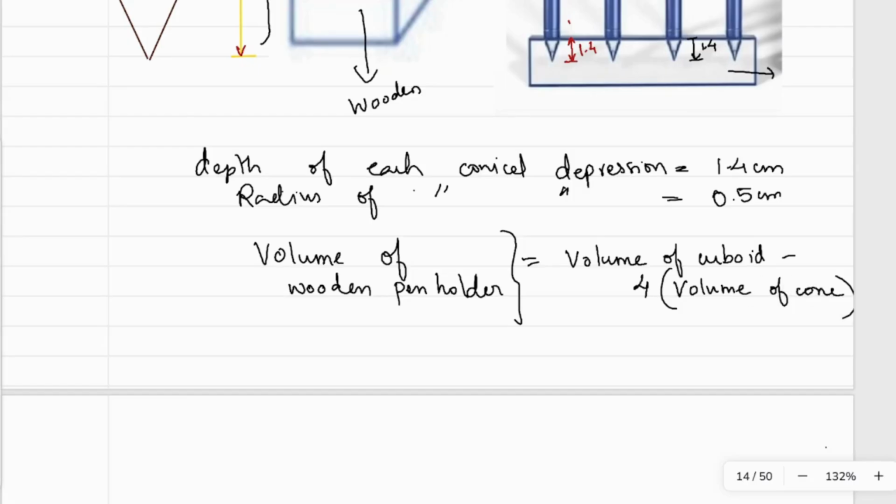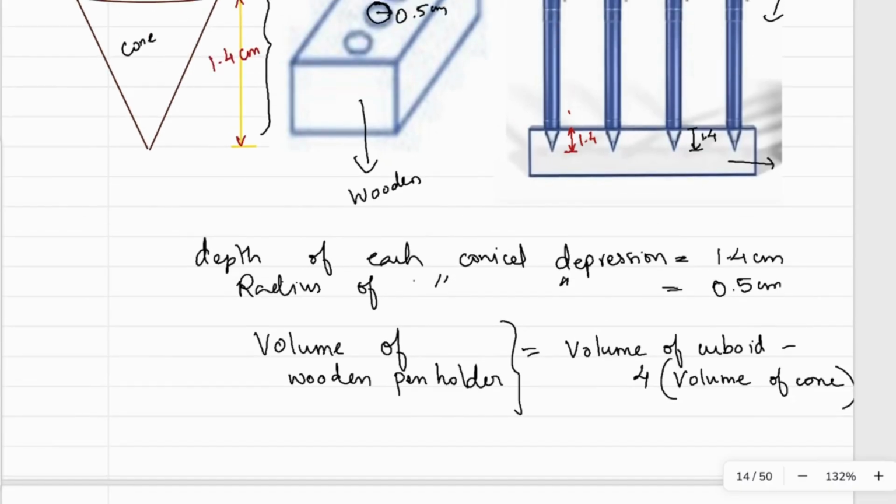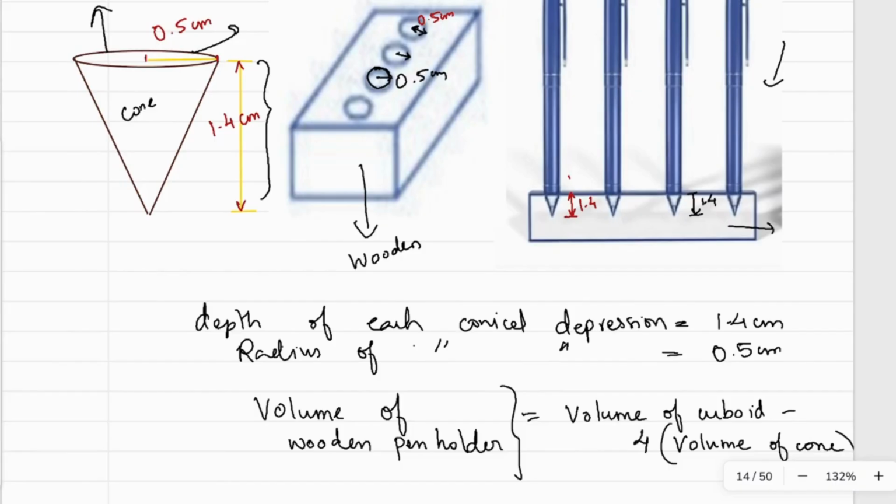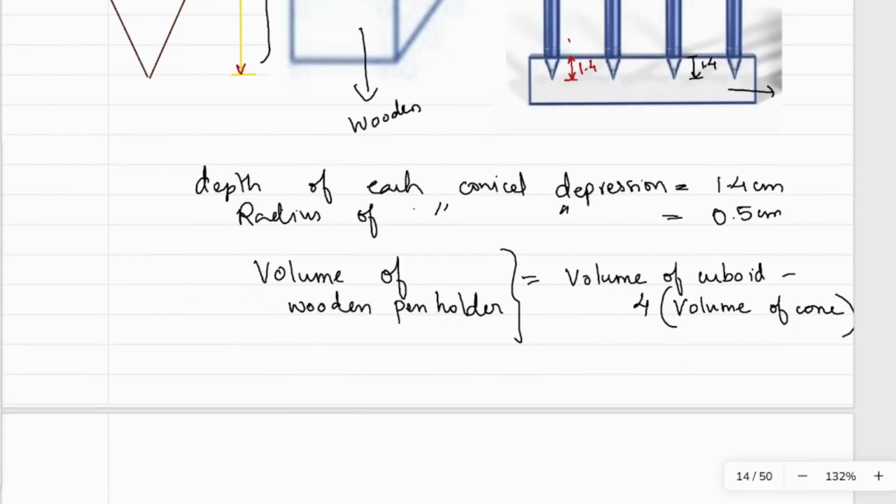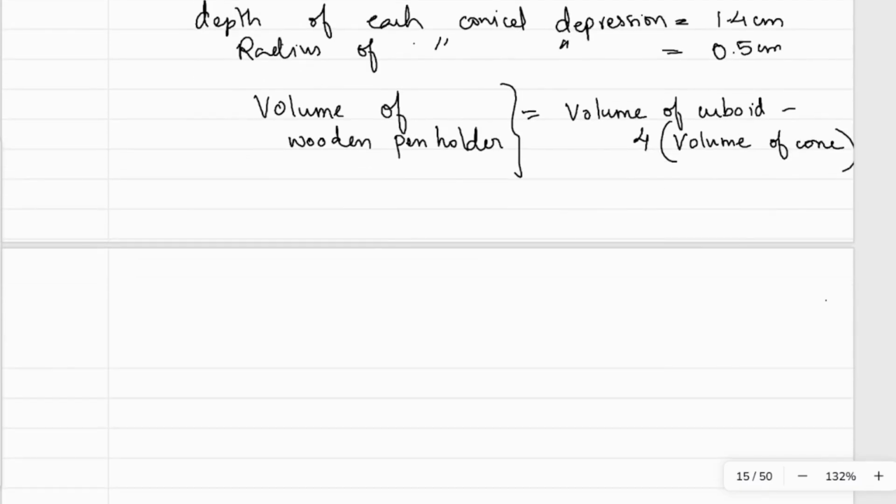When we multiply the volume of a single cone with 4, we get the total volume of the 4 cones, that is the depressions inside the wooden block. And when we reduce it from the cuboid's volume, since the wooden pen holder is in the shape of a cuboid, we will get the remaining volume, right?